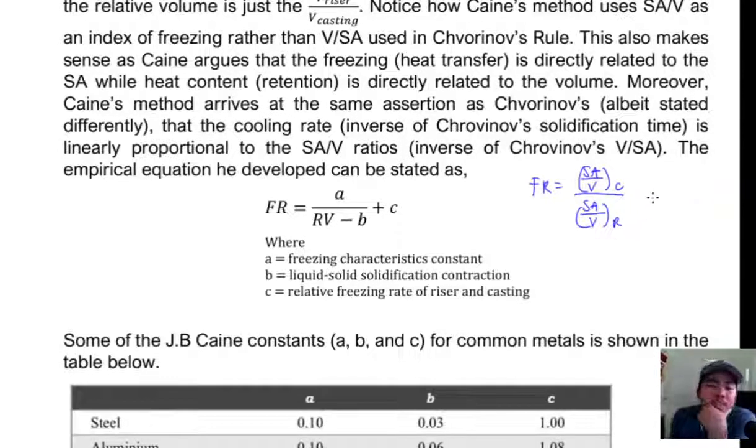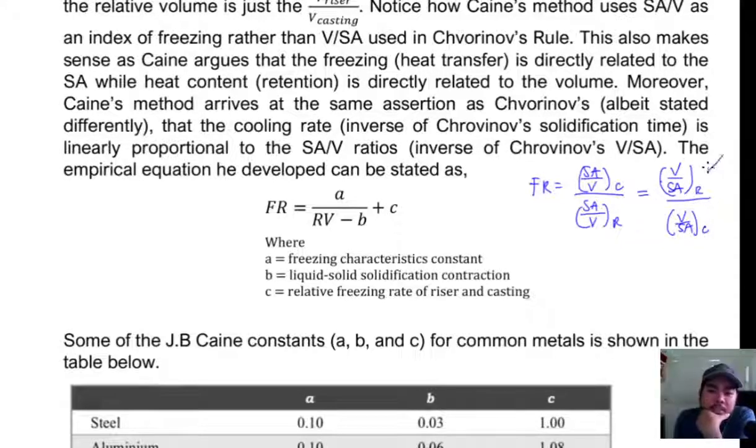Okay? So another variation of this, which maybe mas madali sa inyo naalahanin, no? Is yung baliktad, yung gagamitin natin yung same notation as the Chvorinov, which is volume to surface area ratios. Pero kung volume to surface area ratios, if we rearrange that, this becomes riser na yung nasa taas, volume to surface area ratio ng casting.